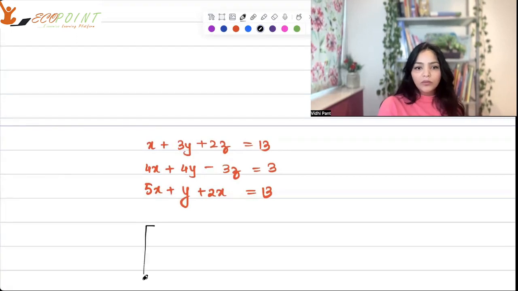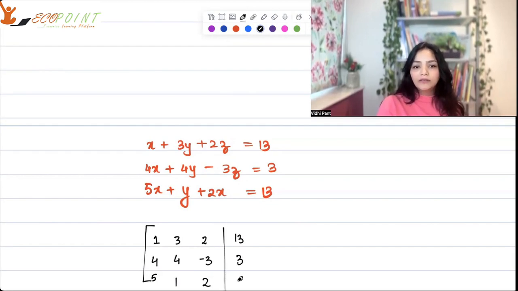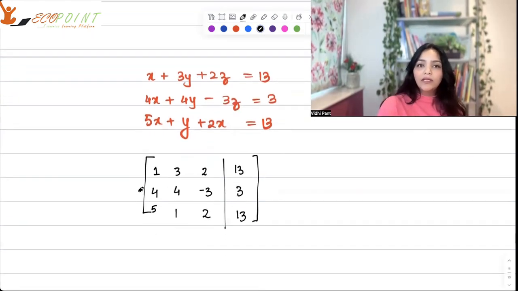Step number 1, what will you do? You will create the augmented matrix. 1, 4, 5 for x, 3, 4, 1 for y, 2, minus 3, 2 for z, and your right-hand side out here. Now you have to use these three elementary row operations in order to create zeros, as I mentioned in the previous example.